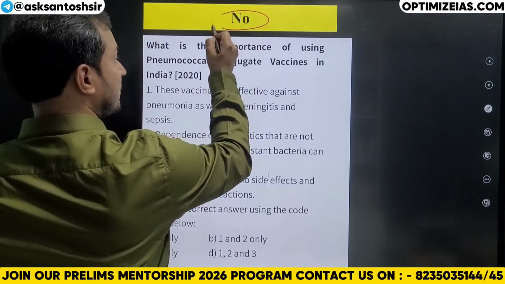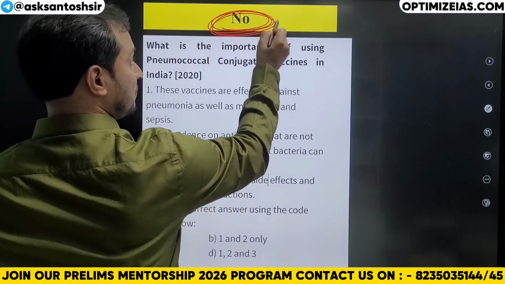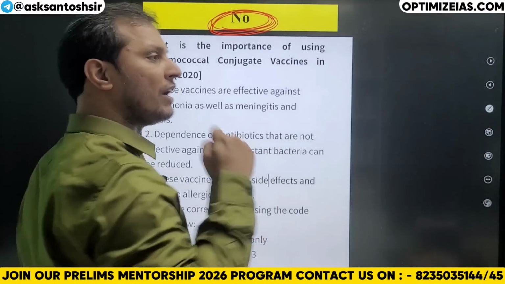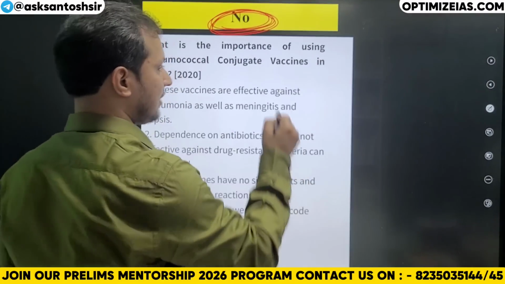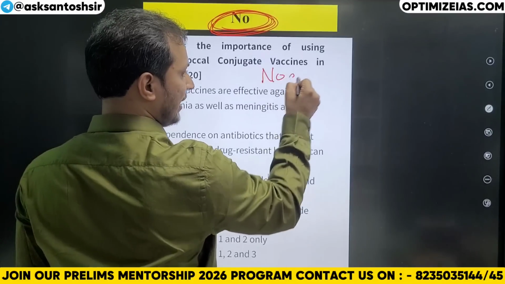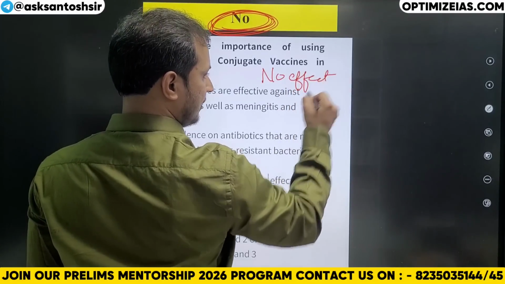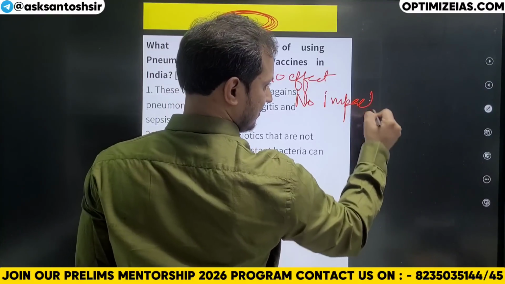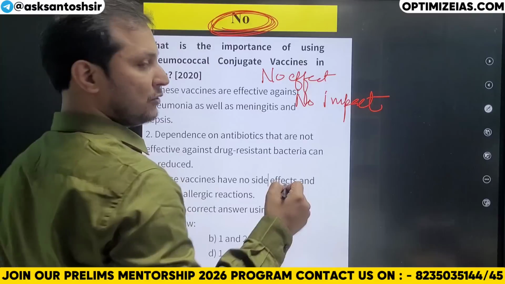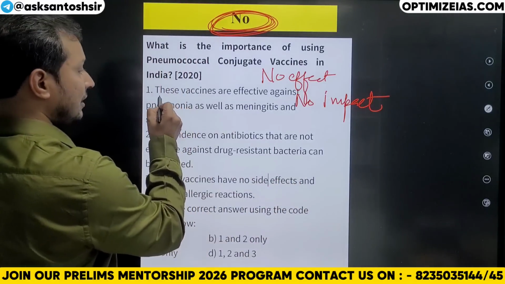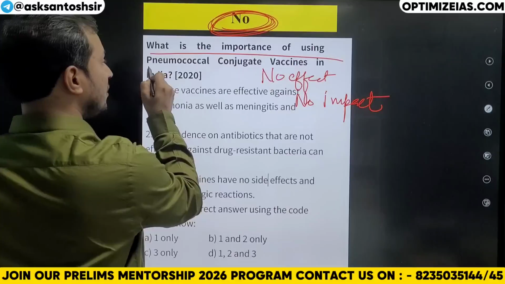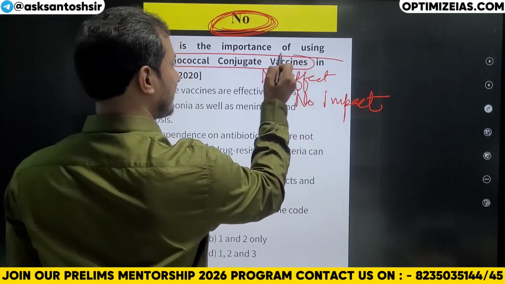Next question, guys. The word "no". Wherever you come across "no effect", "no impact", write it down and eliminate that. Let us see this question. With reference to the importance of using pneumococcal conjugate vaccine.